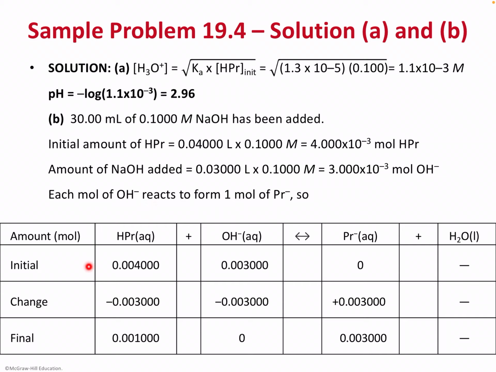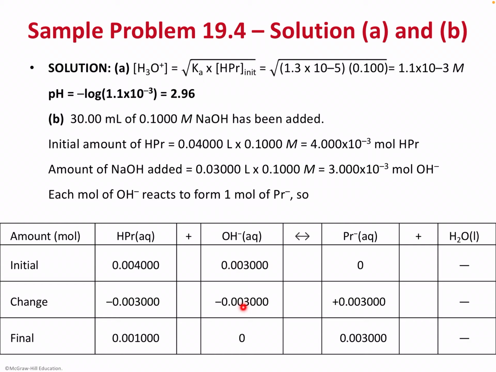So we can construct an ICE table. Initially we have propionic acid 4 times 10 to the negative 3. Initial hydroxide amount, this amount that we calculated. Nothing has been formed yet. And then since the hydroxide is less compared to HPr, all of it is going to react with propionic acid. So the change is going to be the amount of hydroxide ion.